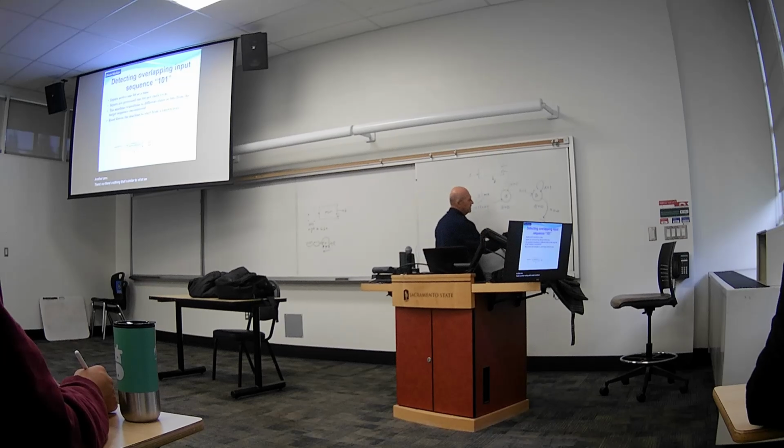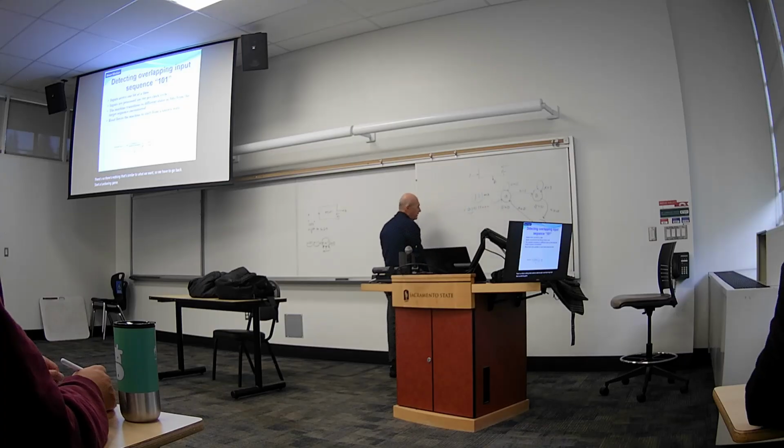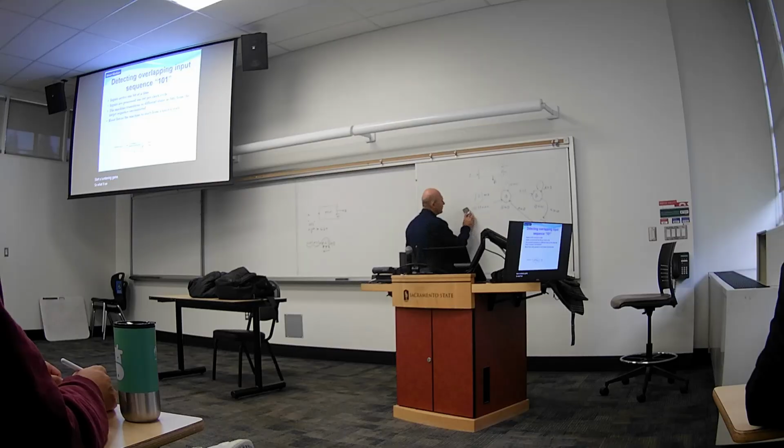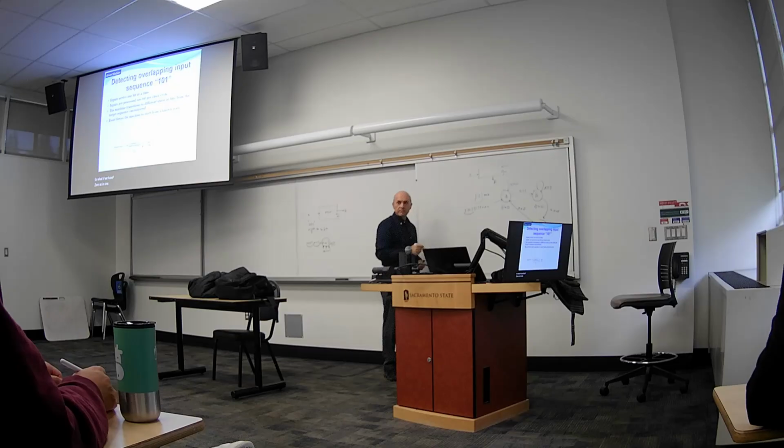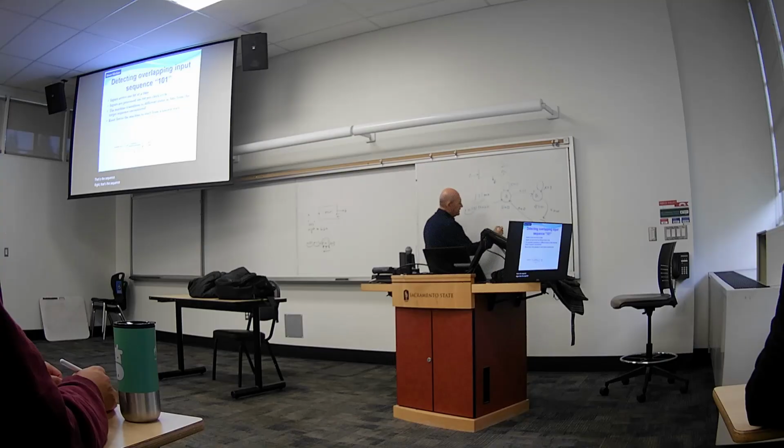So we have to go back to A. Start all over again. So what if we have 0 and then 1? That is the sequence, right? That's the sequence we're looking for. So we can go to D, set F equal to 1.